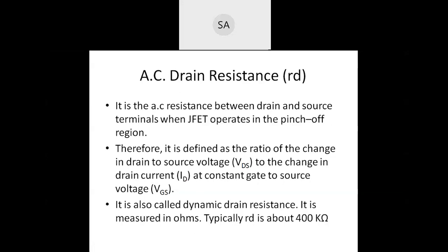It is also called dynamic drain resistance. It is measured in ohms, since obviously the unit of resistance is ohms. The typical value of RD is about 400 kilo ohms.